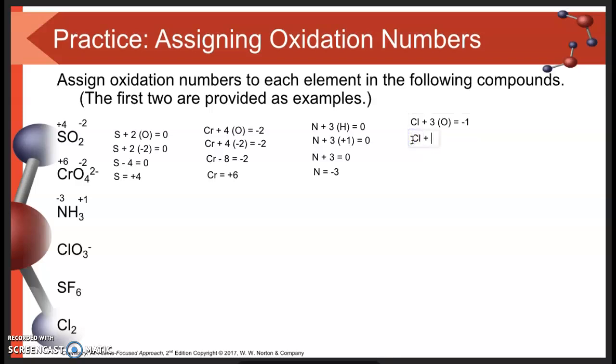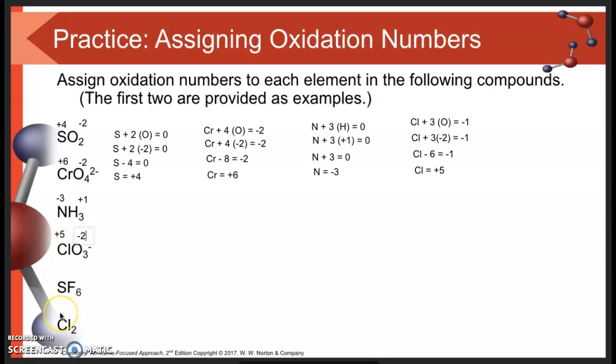Chlorine plus 3 times negative 2 is equal to negative 1. Chlorine minus 6 is equal to negative 1. Chlorine must be positive 5. So I've got a positive 5 state on the chlorine. I've got a negative 2 state on each of the oxygens.